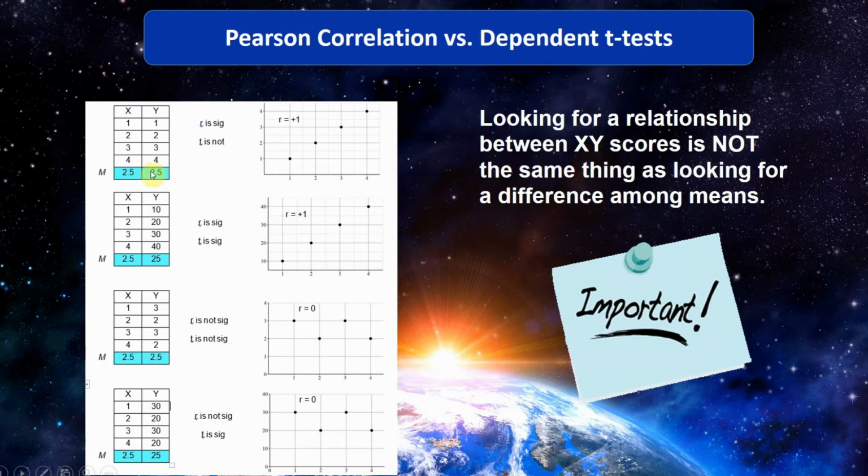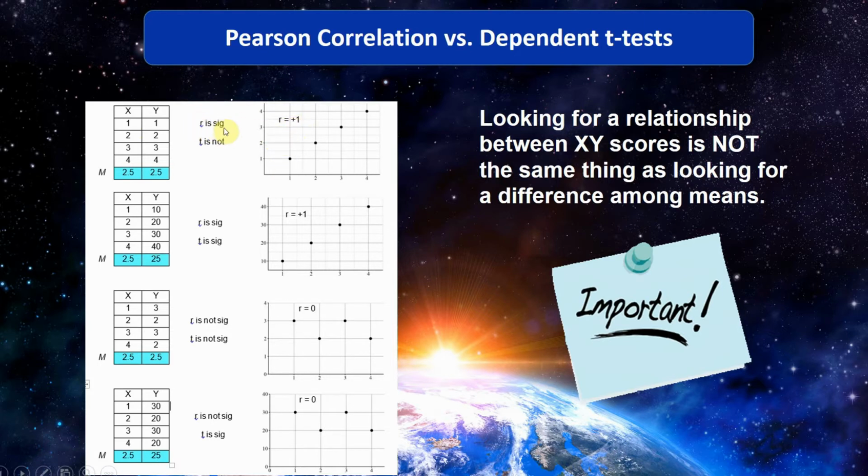All right, so if we were to run a t-test on identical means, we would see the t-test is not significant. But if we were to look at the correlation of scores on X with scores on Y, now remember, these are two separate variables. If we plotted that out, we would get a perfect correlation, +1, in this case.